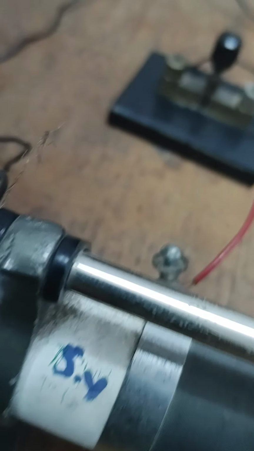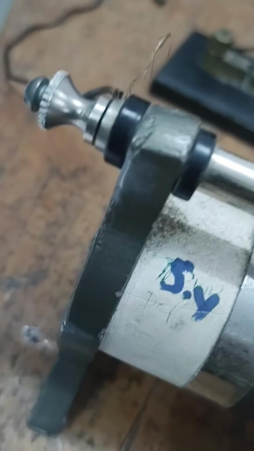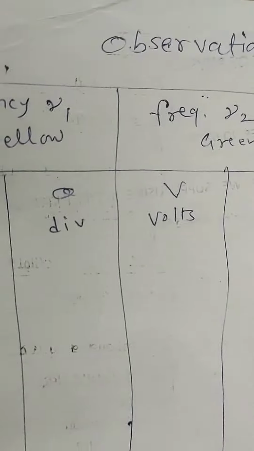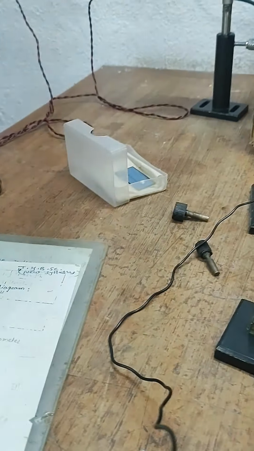So with the help of the formula you will find out Planck's constant, the value of H. Stopping potential and frequencies you will find out. For frequency 1, say for green light, voltage and theta values will be noted down, and for blue light also you are going to record voltages and thetas, and with the help of that you will find out the stopping potential.